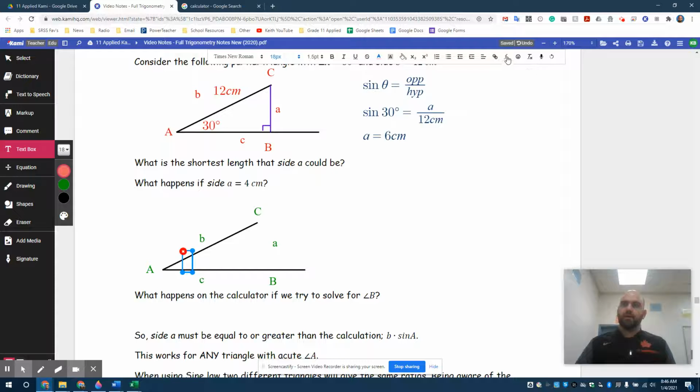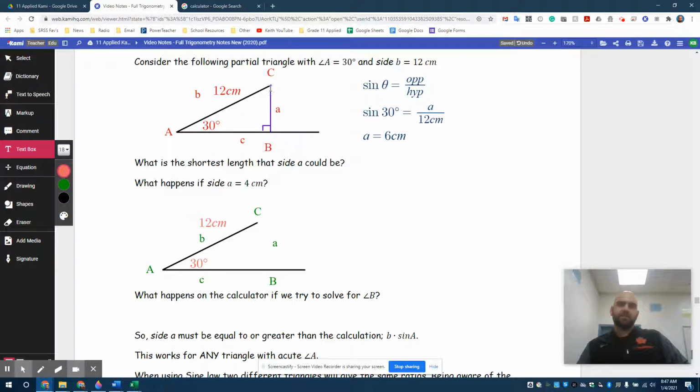I'm still working on how to copy and paste on this program, so otherwise I'll just copy and paste all the stuff from on top and put it below. We know that that's 30 degrees, and we know that this is 12 centimeters. There we go. Now, what happens if A is 4 centimeters long?